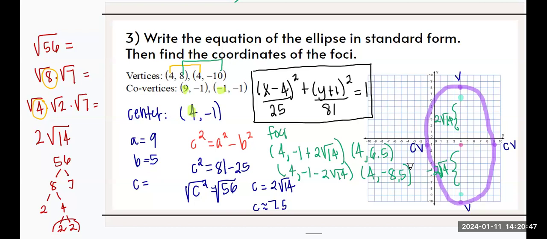Okay. So it's a little bit messy with the radicals, with the decimals. But that's how you find the foci, is you find C from our formula and then go in the same direction as the vertices on the major axis.